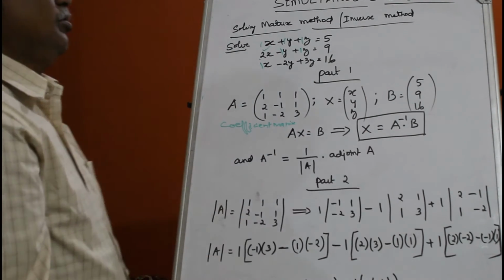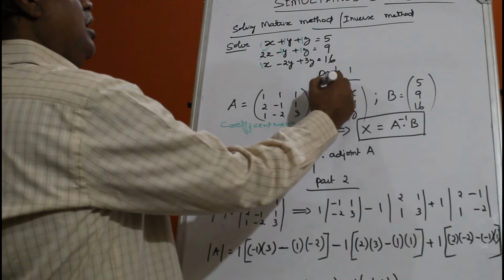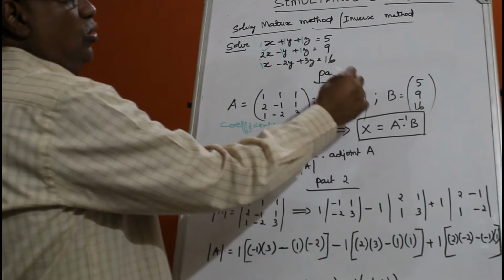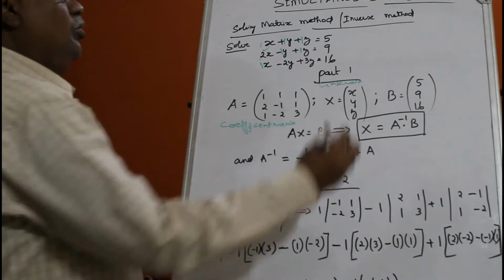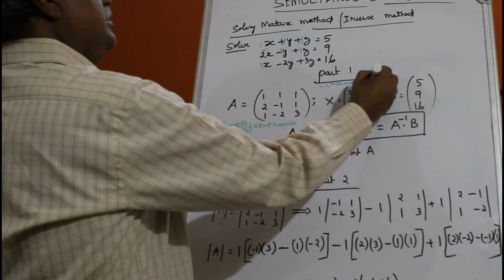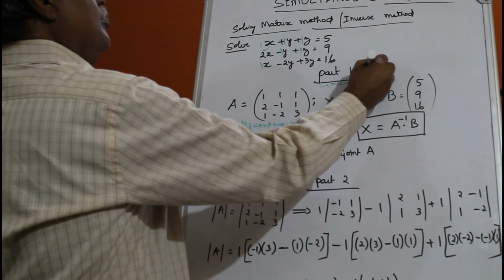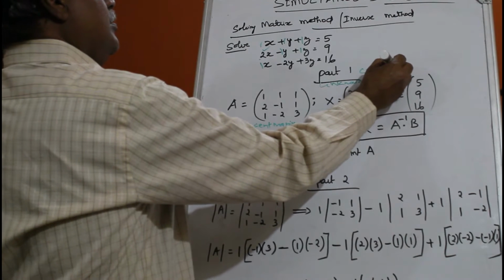So this is called what? It's only one column, the unknown matrix. This is also called a column matrix.